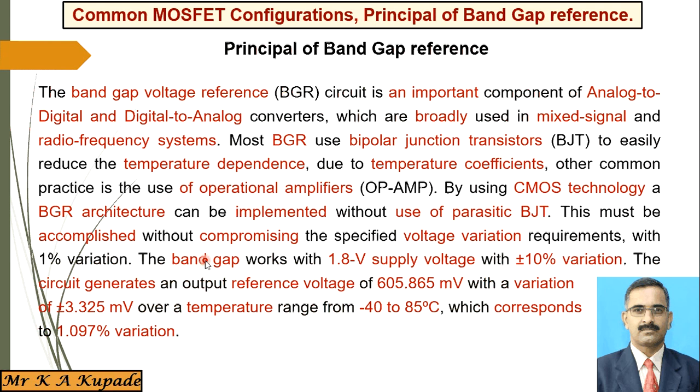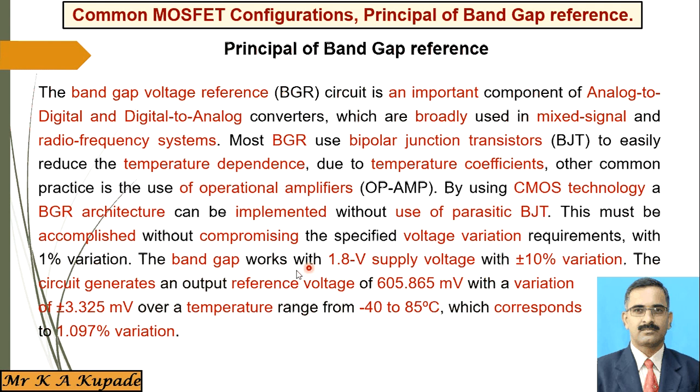The CMOS can be used without the BJT in the band gap reference voltage, giving the voltage variation requirement with only 1% variation. So suppose the band gap was for a 1 volt to 1.8 volt supply, which has plus or minus 10% variation. This is one consideration.